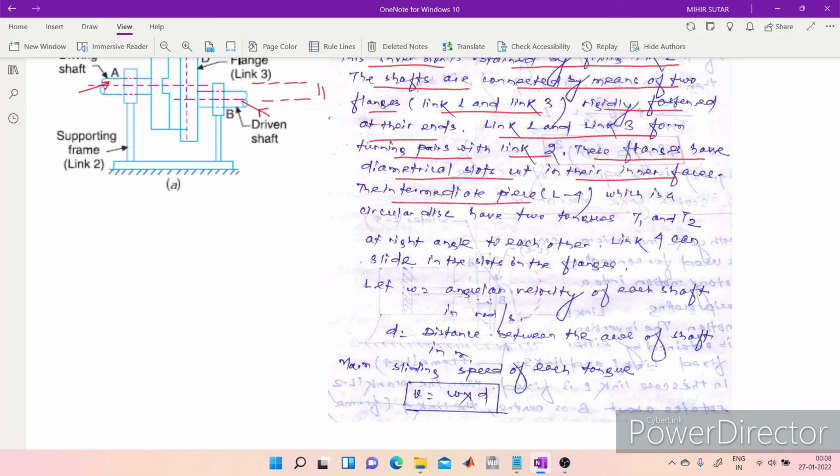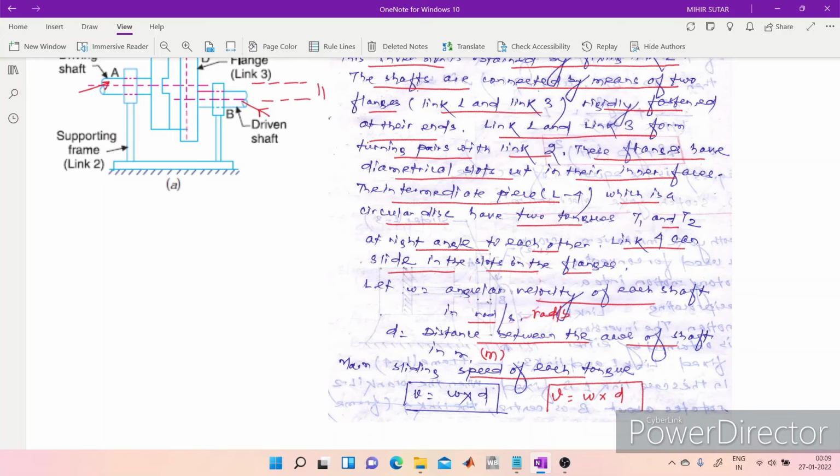The intermediate piece, which is link 4, a circular disc, has two tongues T1 and T2 at right angles to each other. Link 4 can slide in these slots of the flanges. If omega is the angular velocity of each shaft in radian per second, and d is the distance between the axes of the shafts in meter, then the maximum sliding speed of each tongue, v, will be equal to omega into d.